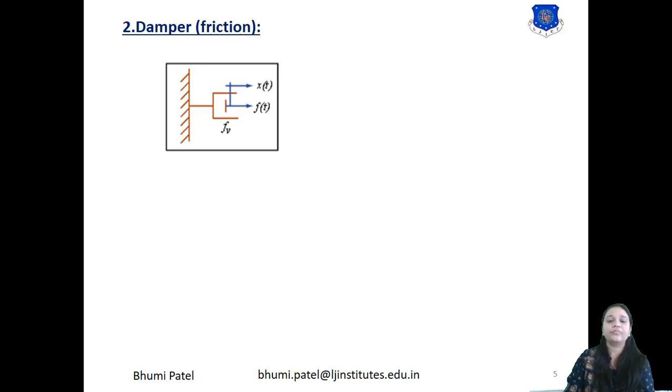The characteristic of the friction force between two contacting surfaces often depends on such factors as the composition of the surfaces, the pressure between the surfaces, their relative velocity, etc. There are three types of friction: viscous friction, static friction and Coulomb friction.